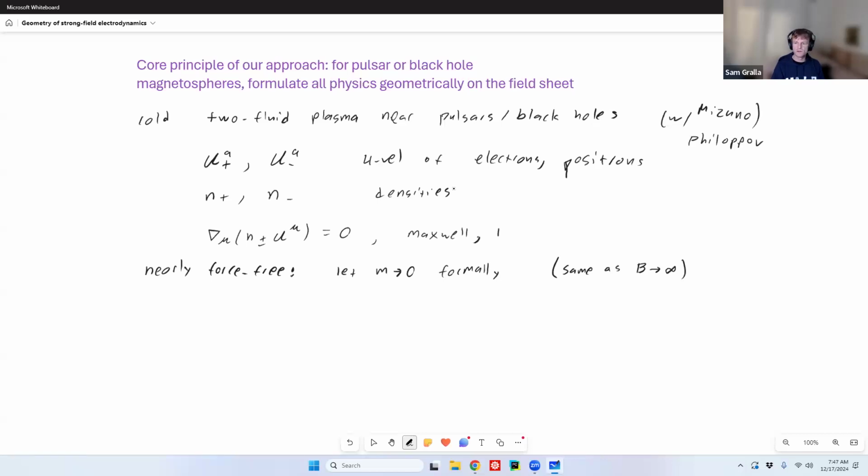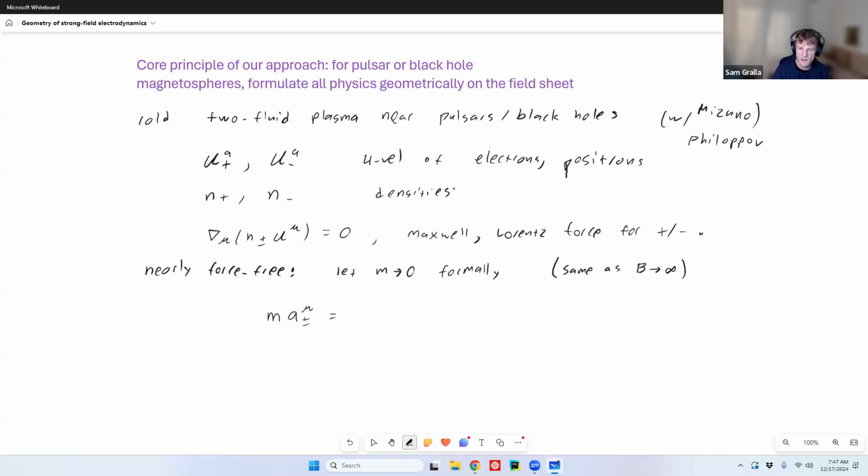I forgot to add the Lorentz force law. So you need the Lorentz force for both plus and minus. And let's think about that one first. So m, let's write it as a mu plus minus.